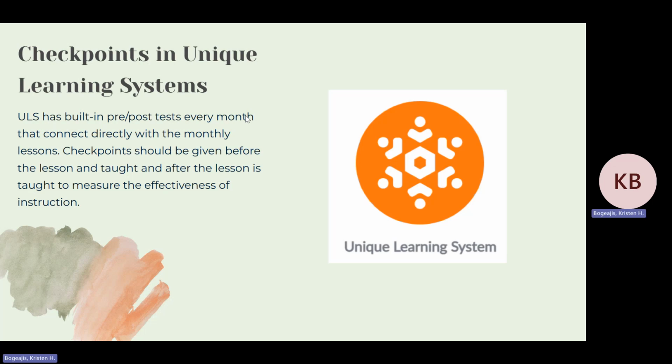Another cool piece of pre-post data is the checkpoints that are in Unique Learning Systems. So ULS has built-in pre-post tests every month that connect directly with the monthly lessons. The checkpoints should be given before the lesson is taught and after the lesson is taught to measure the effectiveness of instruction.